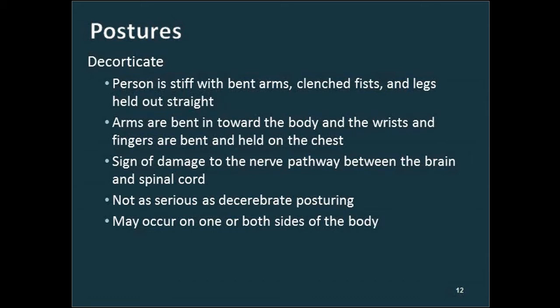They'll be kind of straightened out, but the arms are going to kind of turn in or curl in. The wrist and the fingers are going to go inward toward the center or midline, the core of the body. It's a sign of damage to those nerve pathways between the brain and the spinal cord.